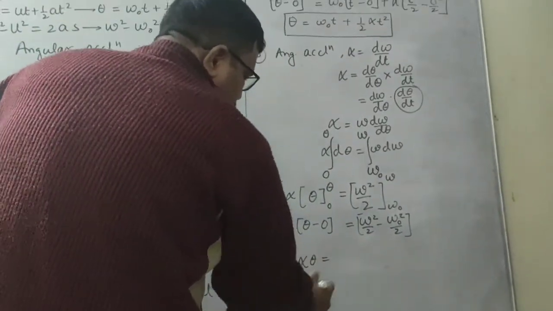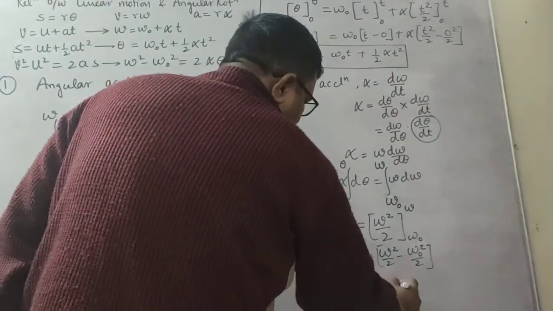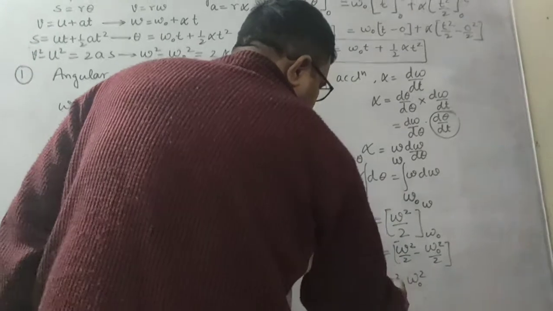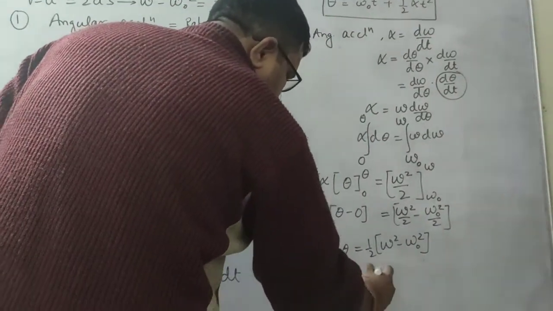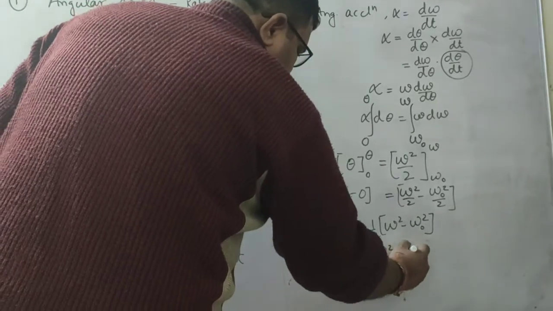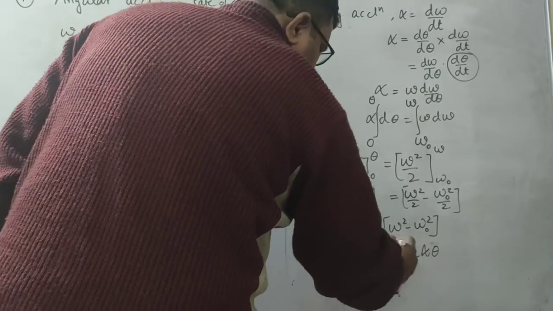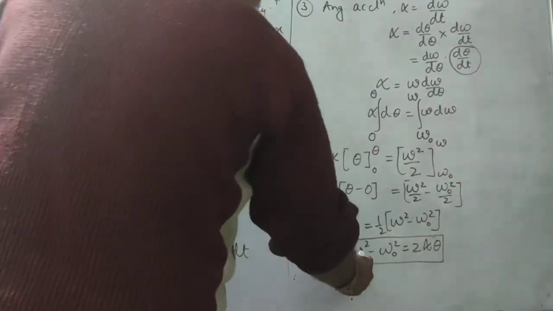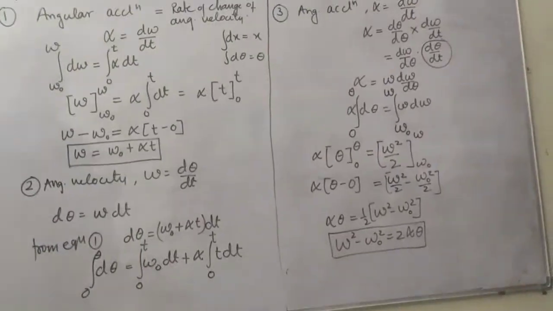Alpha theta is equal to half of omega square minus omega naught square. That means omega square minus omega naught square is equal to 2 alpha theta. This is the third equation of motion for rotational motion.